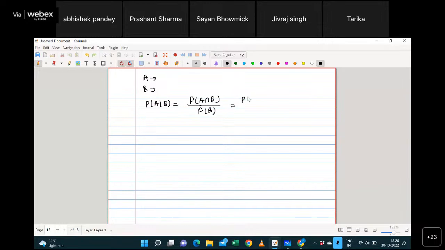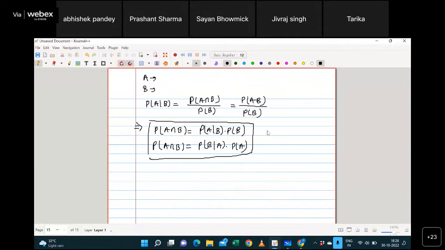Sometimes the probability of A intersection B we can write as P(AB) for simplicity. So the probability of A intersection B equals the probability of A given B times the probability of B. This is called the multiplication rule, and I can write the same thing as the probability of B given A times the probability of A.